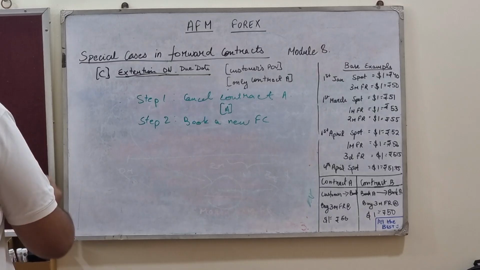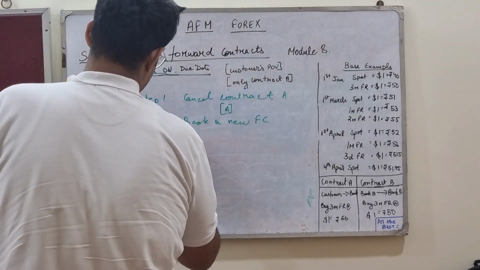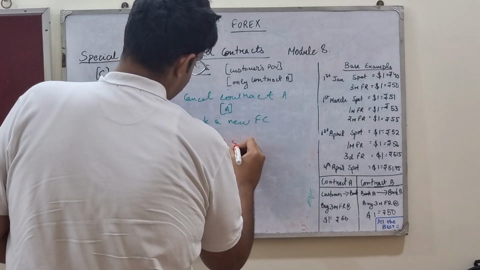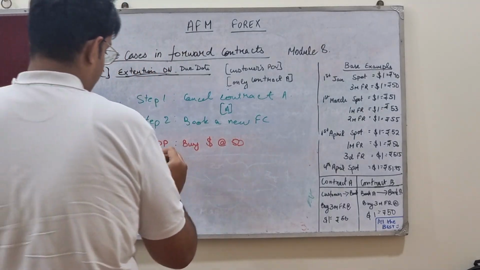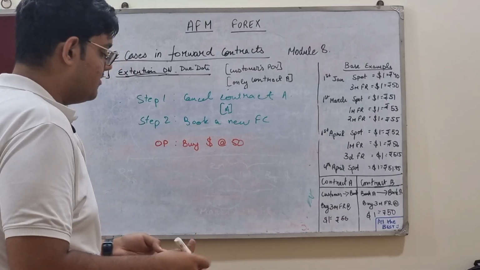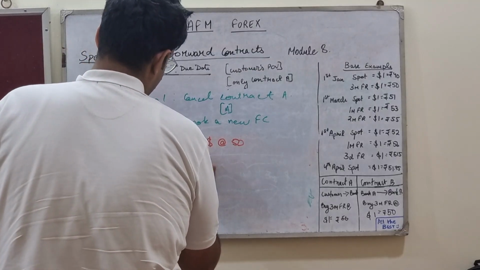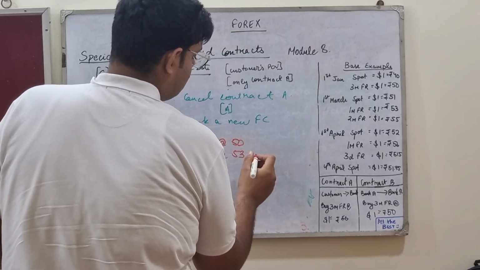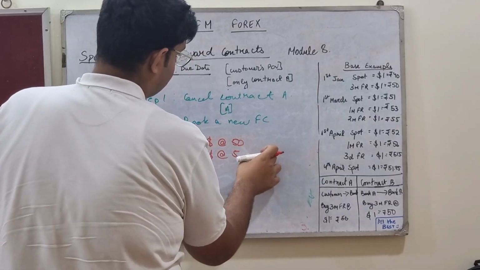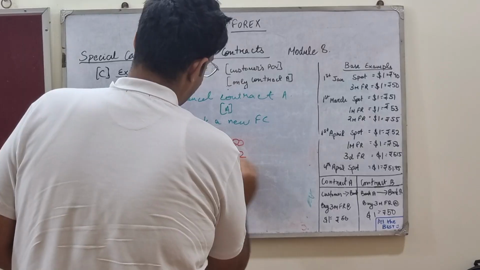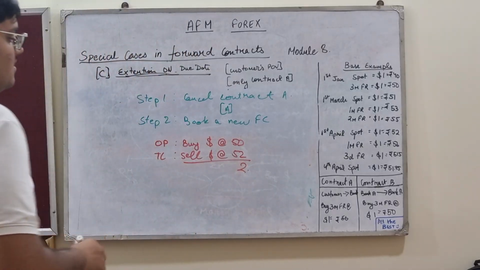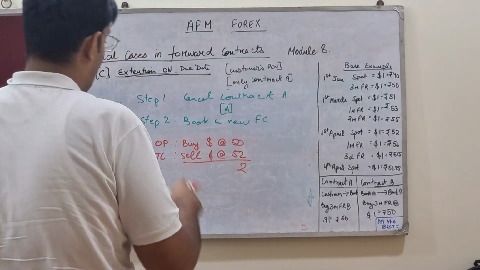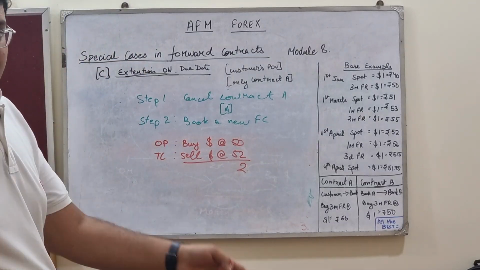Okay, same example here. Basically we had the original position as buy dollar at 50. Now on the due date, as we have spoken about earlier, to cancel I need to sell dollar at the spot rate, which is 52, and I get a profit of 2 rupees. Right now this answer won't end here. I need to book a new forward contract on 1st April for 1st May.